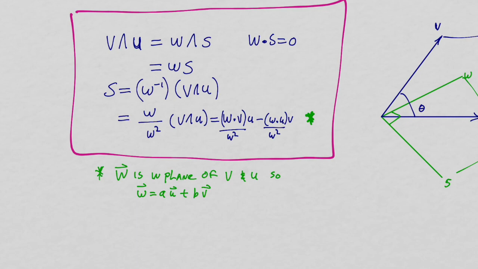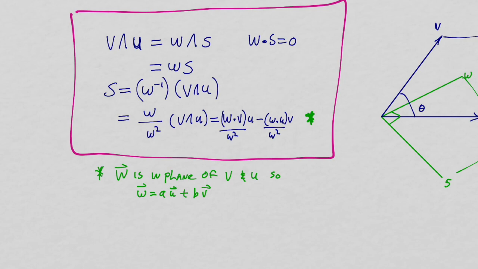And the answer is pretty clearly yes, because this wedge product, when its contraction is 0, is simply the geometric product of W and S. So now all I have to do is choose S to be the inverse of W, V wedge U. And if I do that, what you'll see is the definition of the inverse of W is W over W squared, right?